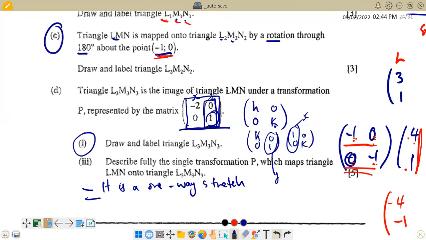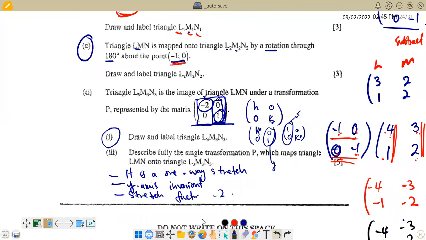So we're going to have a one-way stretch, y-axis invariant, because we are covering this part for y, and 0, 1 is going to be y-axis invariant. And the stretch factor, the k part, this one is your stretch factor, which means our stretch factor here is -2. So know your matrices, guys. Know your matrices of transformation. This is very, very important.